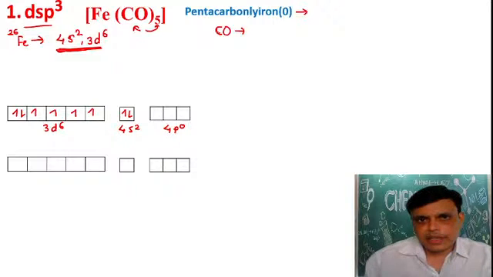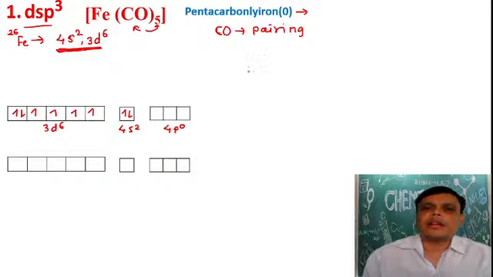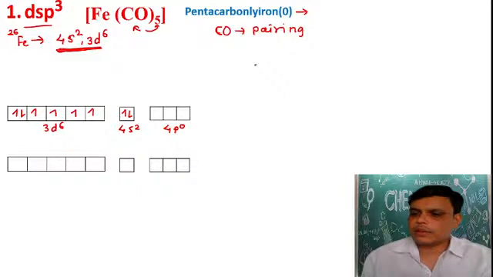And what does a strong ligand do? A strong ligand will do the pairing. When a strong ligand is present, pairing of the electrons present in this compound will take place. So carbon monoxide is there, so it will pair the electrons. Now what will happen?